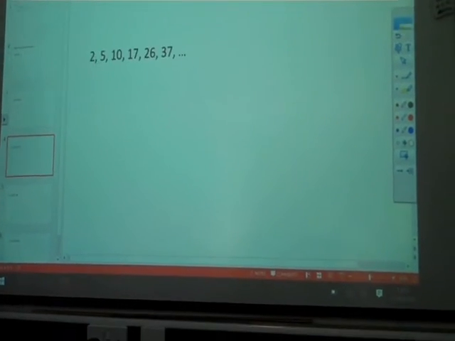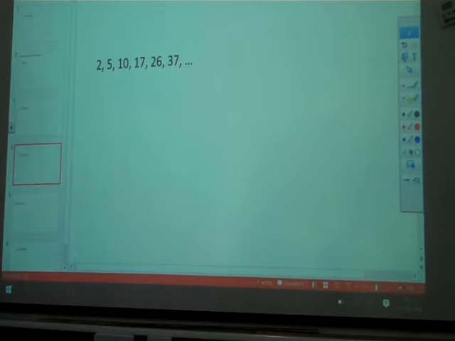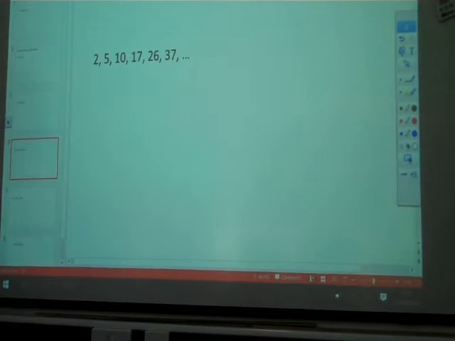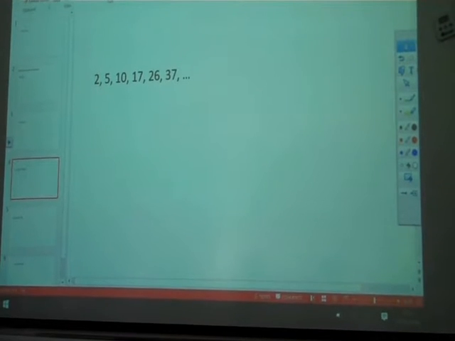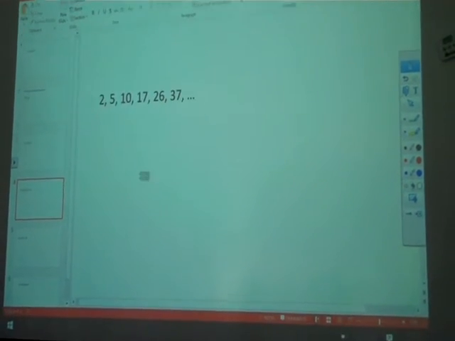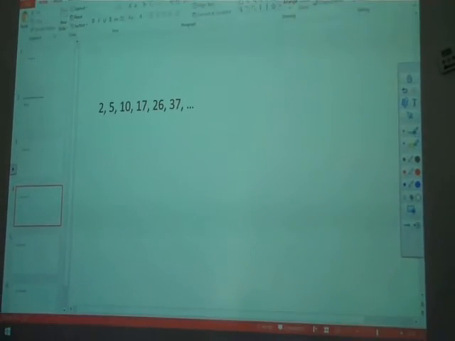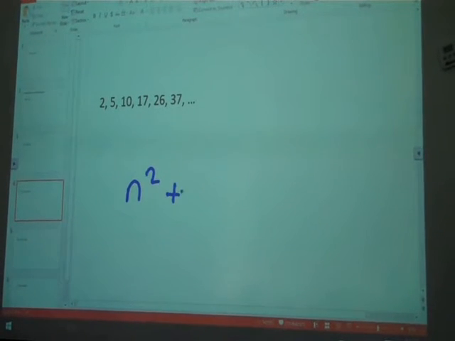What about that sequence? Any clues on that sequence? I love it, well done, you were really quick with that. Why is it n squared plus 1? Because 1 squared, which is the first term, is 1, and plus 1 equals 2.